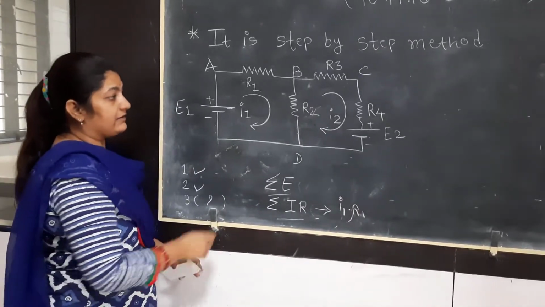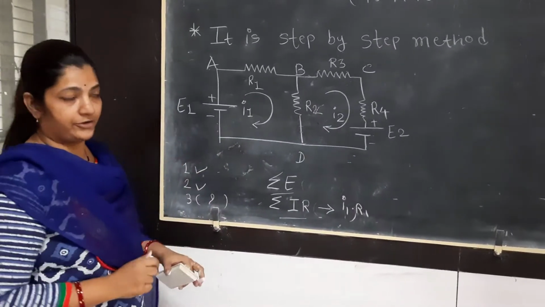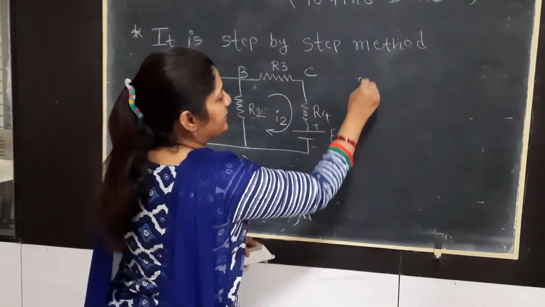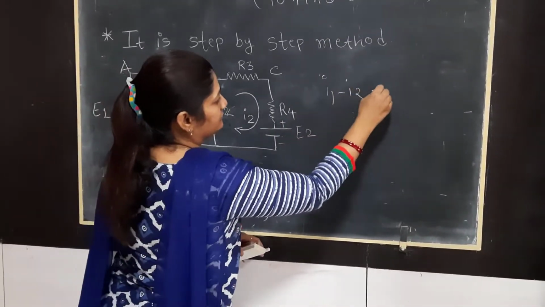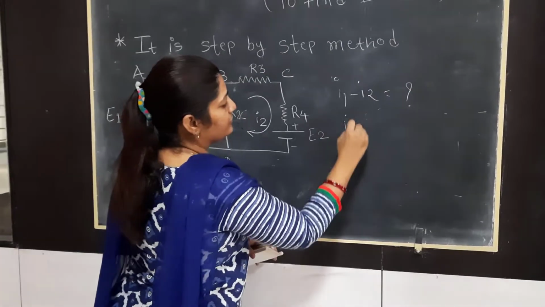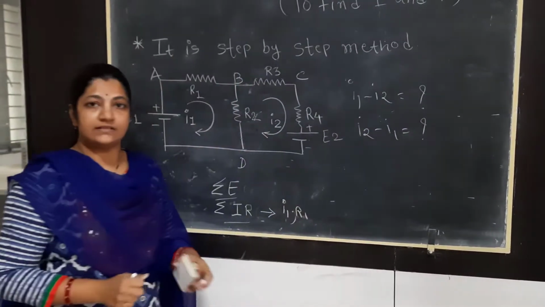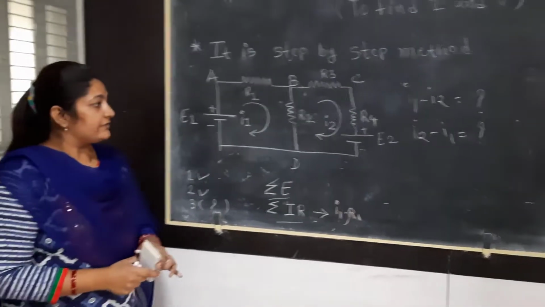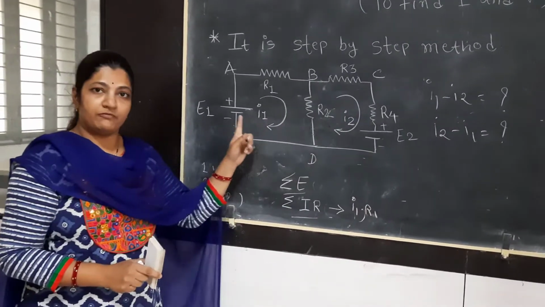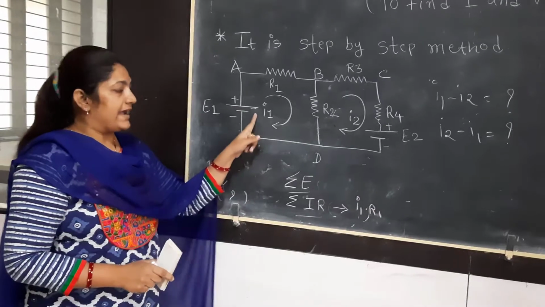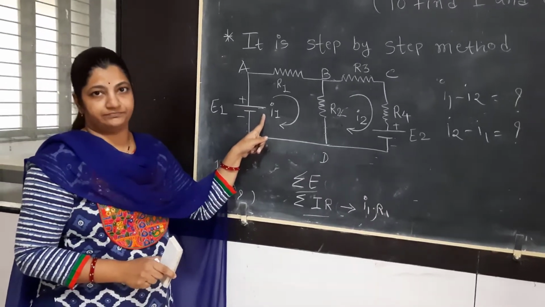The question arises how to assign the term for drop. Whether it should be I1 minus I2 or I2 minus I1. So remember, one important thing I want to discuss over here: whenever we are discussing mesh number 1, at that time I1 will be our principal mesh.